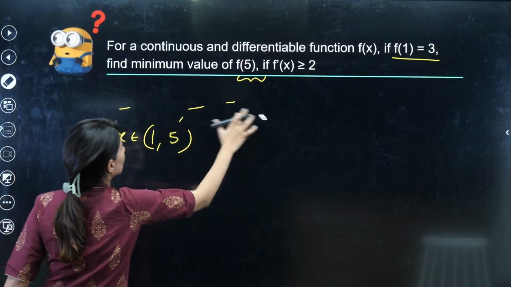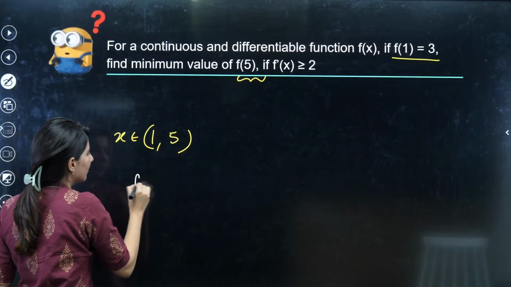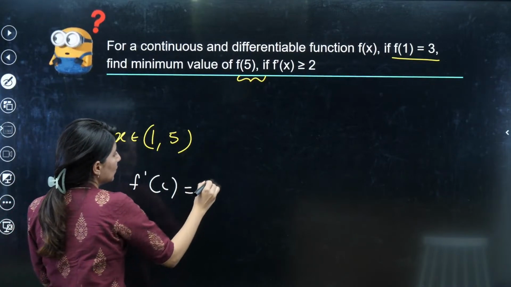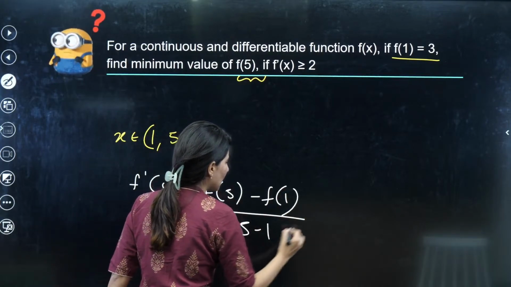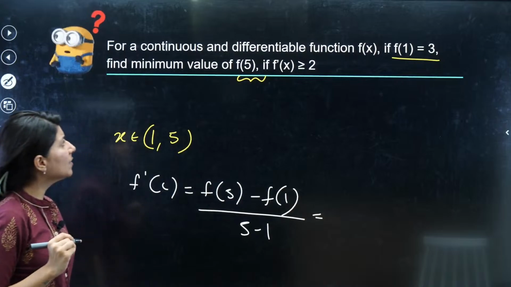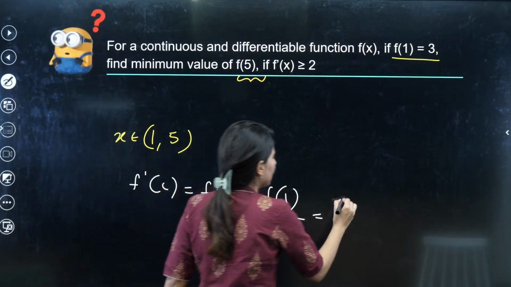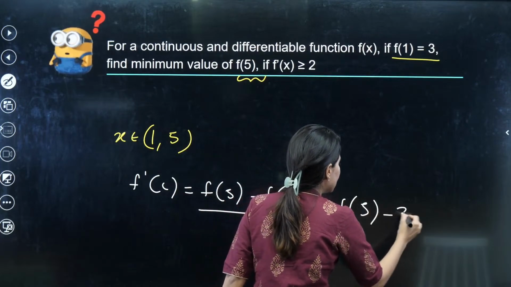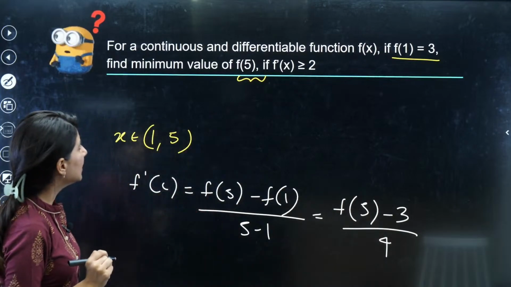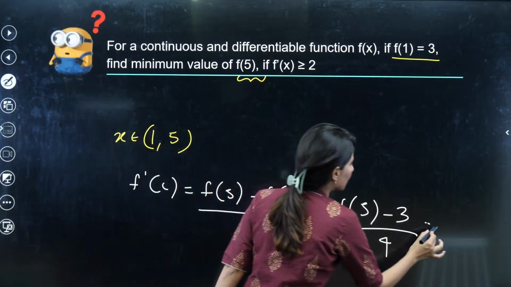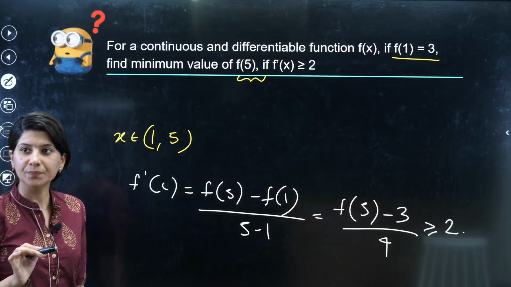Can I do that? Let's apply. Between 1 to 5, Lagrange says that f dash c is equal to f of 5 minus f of 1 upon 5 minus 1. Who is going to tell me f of 5? I don't know, I need the value of f of 5. f of 1 is 3. So f of 5 minus 3 upon 5 minus 1, which is 4, is your f dash c, which is greater than or equal to 2.